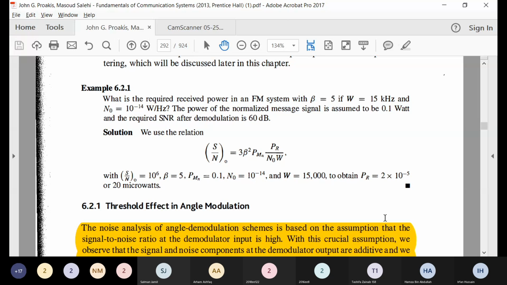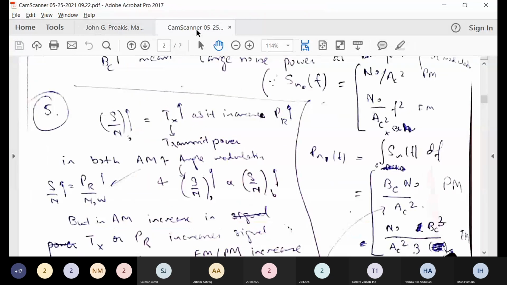So let us see this example. In this example, he asks what is the required receive power when beta is this, W is this, and N naught is this, and the power of the normalized message signal is 0.1. The required SNR after demodulation is 60 dB. You can see in the book, but I have also done this in the notes.